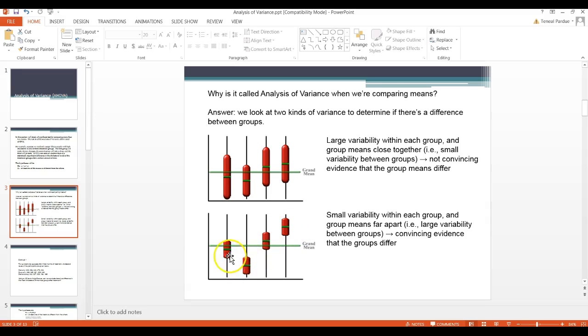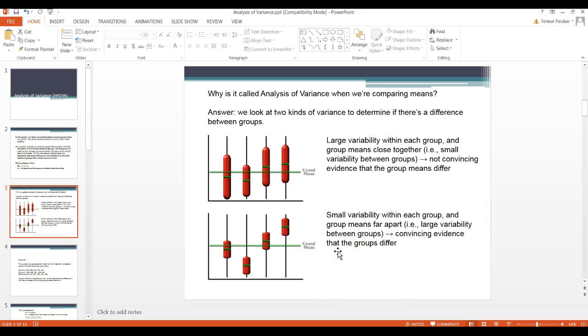Whereas within each group, they're pretty tightly clustered, meaning that there's small within-group variability. So the 2 kinds of variability we're looking at here are within-group variability and between-group variability. And in this case, we've got convincing evidence that the groups are different.